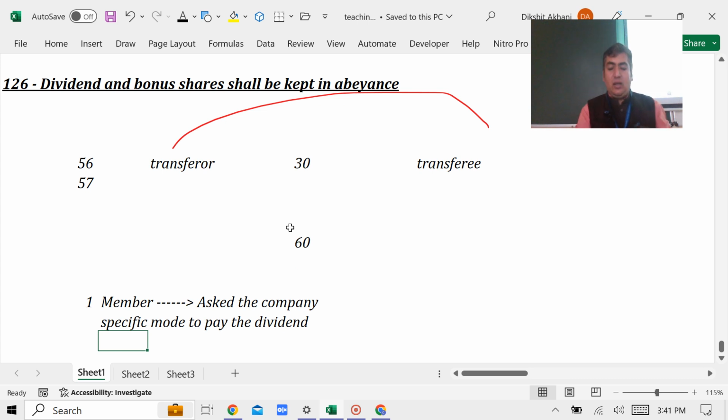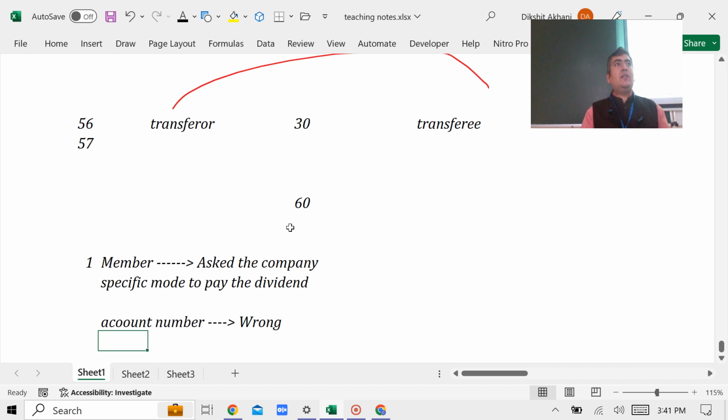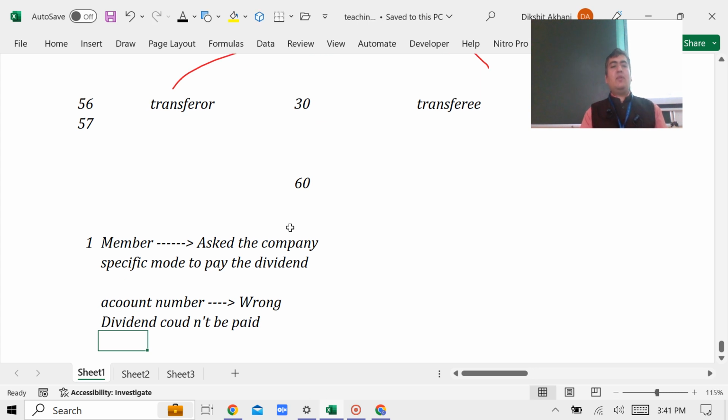Unfortunately, account number what was given, it was wrong, and because of that dividend couldn't be paid. Dividend couldn't be paid within what time? Within 30 days. By referring the provisions, you tell me one thing, whether company is in default or not.